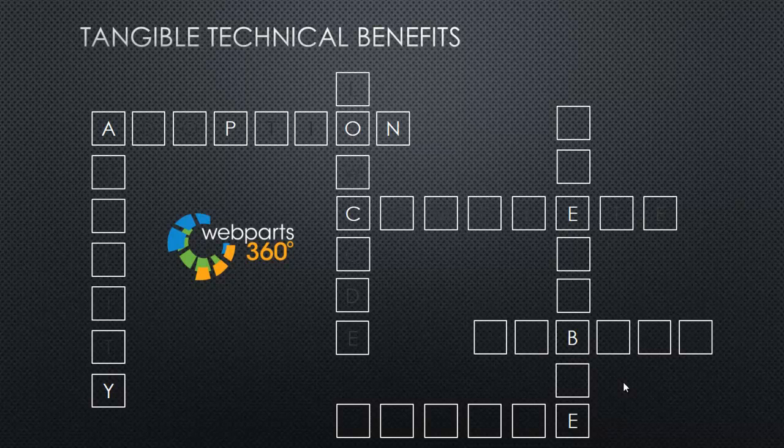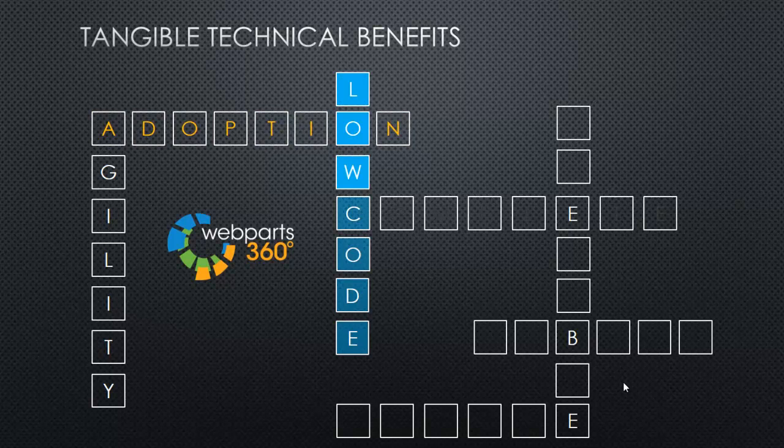I want to share with you quickly the key tangible technical benefits of using Webparts360. I think the first thing is making your business more agile by making things much easier to build and to change. This will ultimately drive the adoption of your cloud infrastructure.